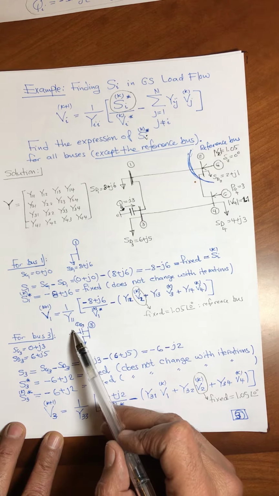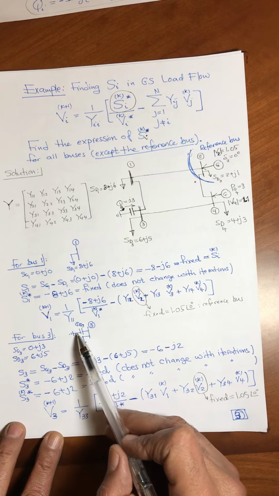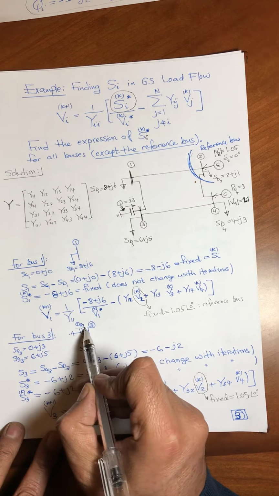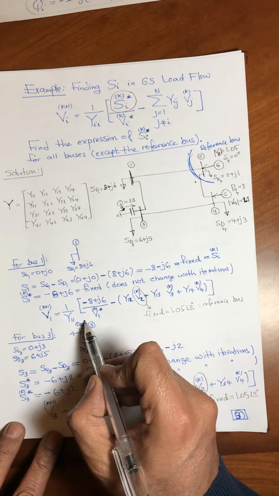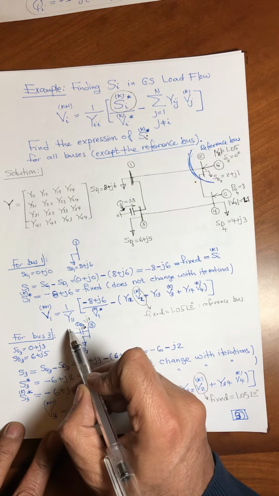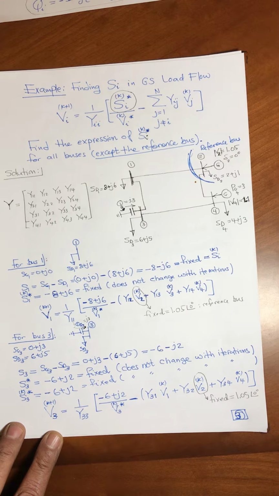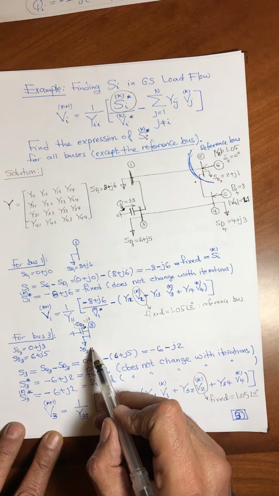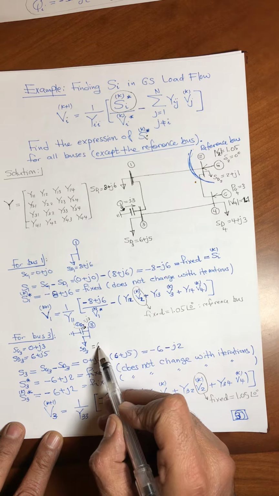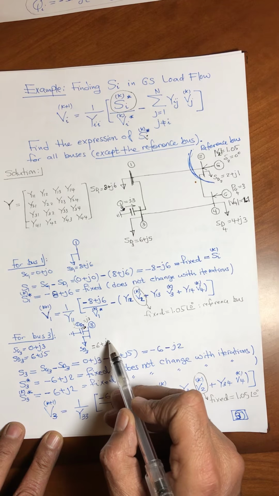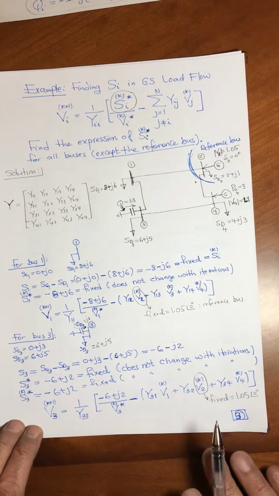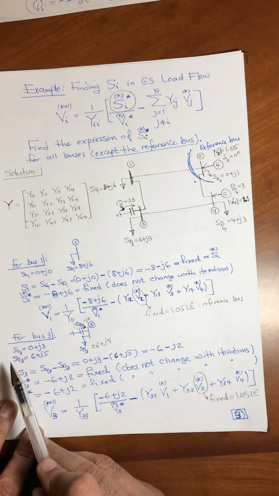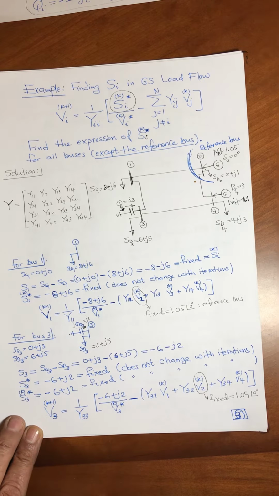This is the reactive power produced from capacitor, which is J plus 3, and S demand 3 is 6 plus J5. SG3, this is S demand 3.